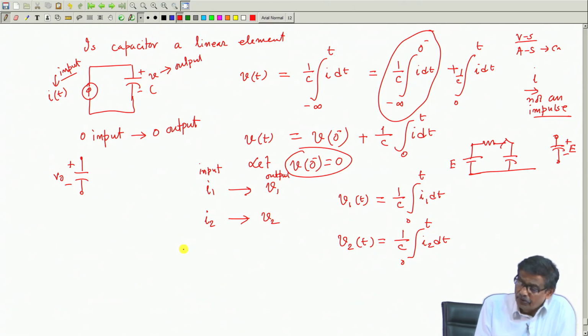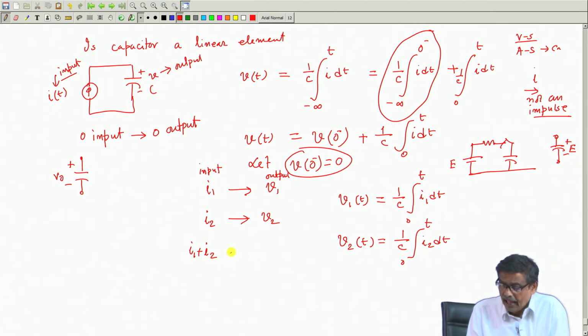Suppose now you excite the capacitor with a current source which is I 1 plus I 2, and suppose it gives rise to a voltage V 3. I am not sure whether it will be V 1 plus V 2. When the input is I 1 plus I 2, what will be the voltage developed across the plates of the capacitor?